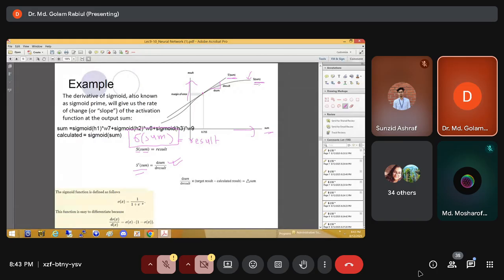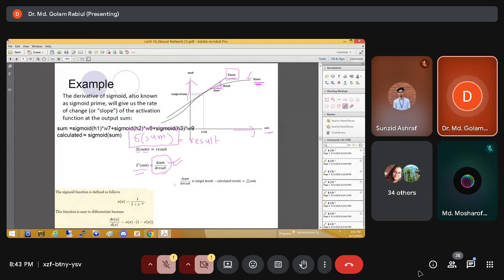If we draw a tangent at this point, this is our derivative, with d result here and d sum here. So that is the rate of change of result with respect to sum.